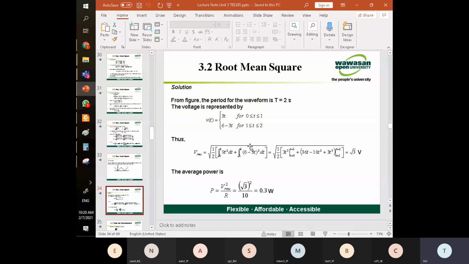Each function you need to square, and at the end you will come up with the RMS. After you know the RMS, you just take the general equation, power equals V squared over R. So for this RMS, we just use the RMS squared over R. Basically it's all the calculation, all the mathematics from secondary school actually.